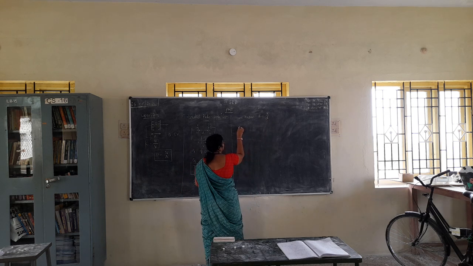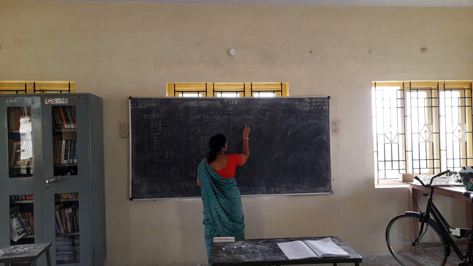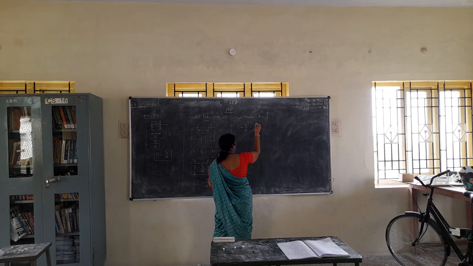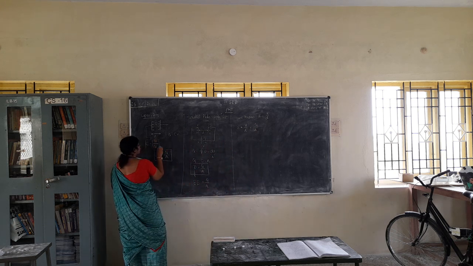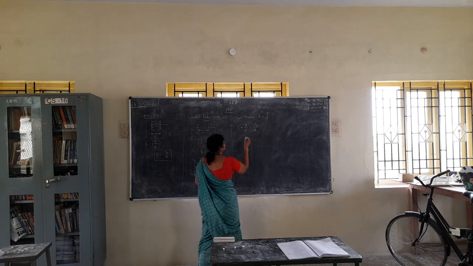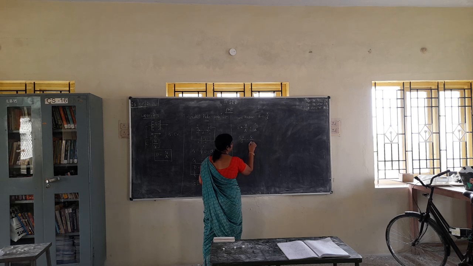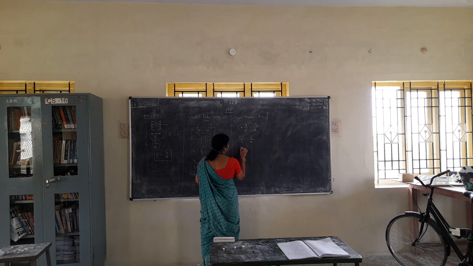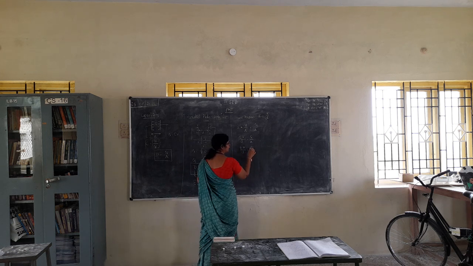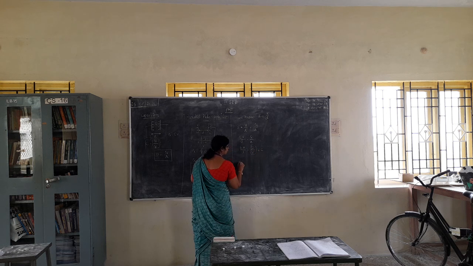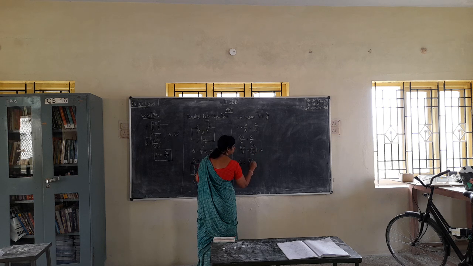Substitute, and instead of E you will be getting epsilon times V divided by d, which is equal to Q by A. So finally we have to derive what is Q by V. So from this, epsilon V divided by d is equal to Q by A. So Q by V is epsilon A divided by d. What is Q by V? It is your capacitor. So the capacitance of a parallel plate capacitor is epsilon A divided by d.